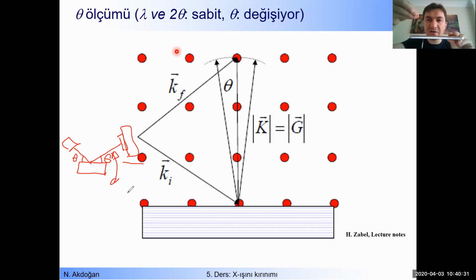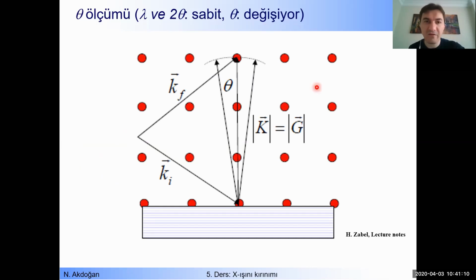The detector is waiting here. The position of the detector is fixed, and the sample is moving like this. This is also called a rocking scan, okay? This type of measurement gives us the inhomogeneity within the crystals, the crystal structure. Very useful method. But I will not go into detail for now.